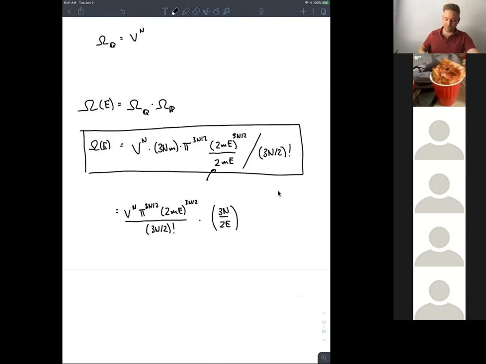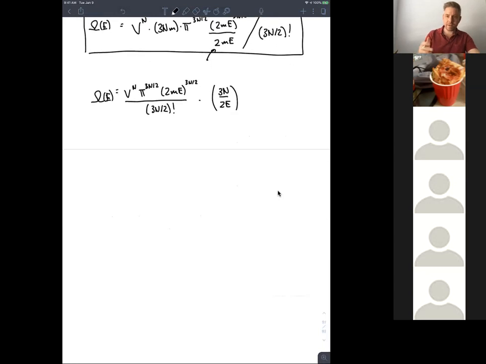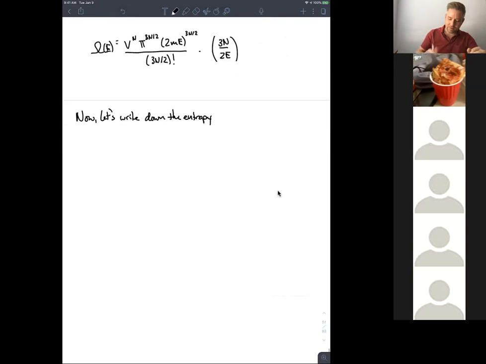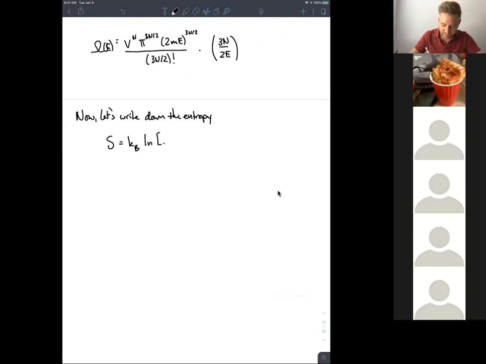All right, cool. So this is our density of states. Now what I want to do is write down an expression for the entropy. So now, let's write down the entropy. The entropy is simply, we take this expression for our density of states and we take the logarithm of it.